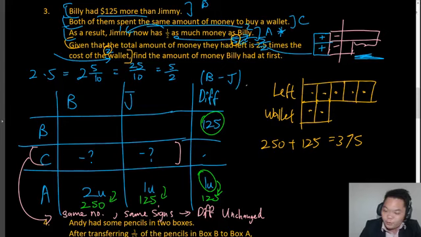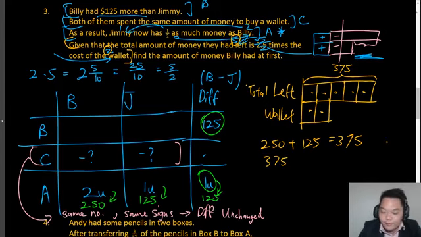That is the total that they have remaining, which is over here. No, Arisha, you didn't miss anything. So once you have that, if 5 blocks represents 375, then we just divide this by 5 to give us 75 first, and then we can find out the cost of the wallet.